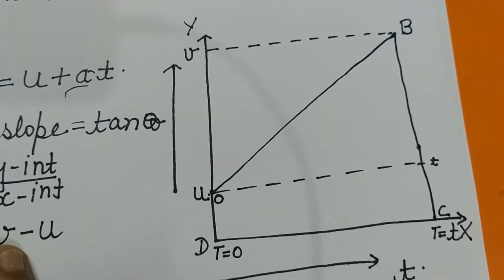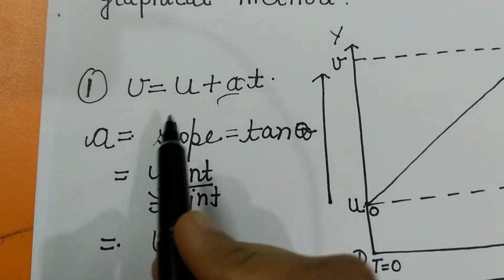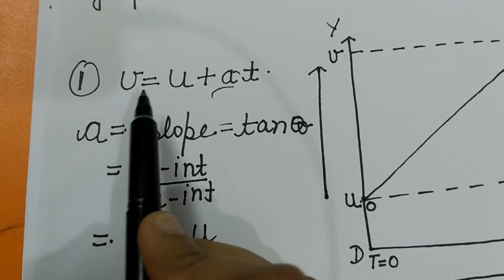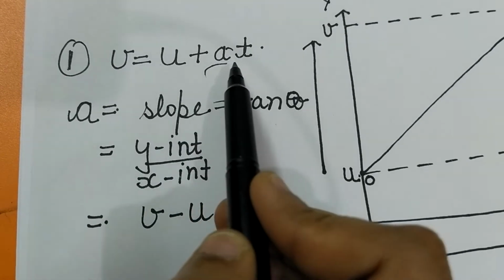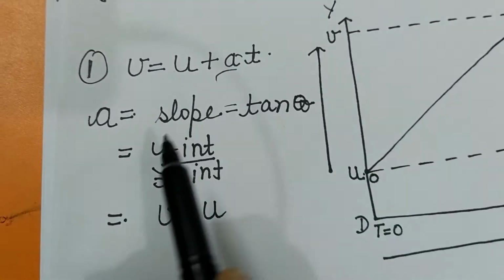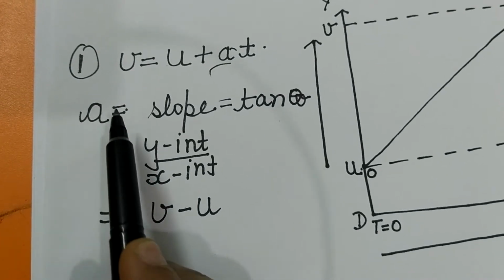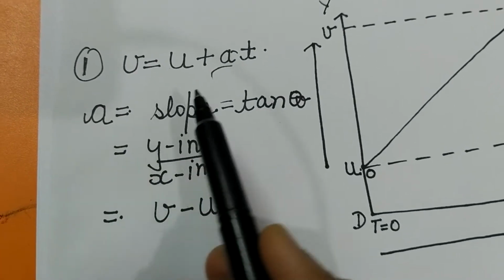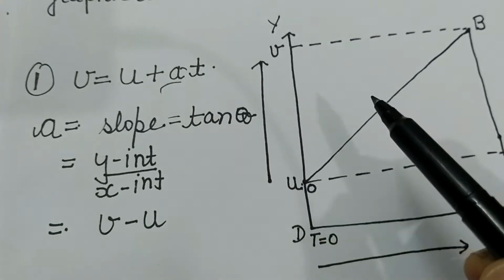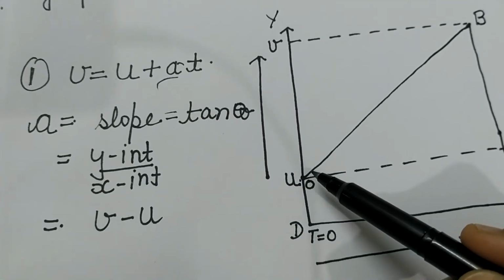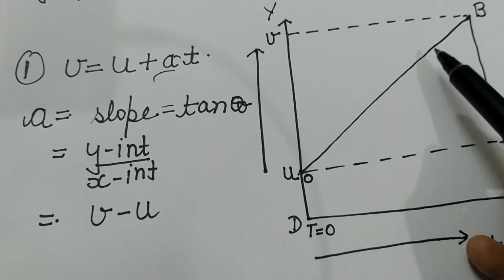Now let us come to the first equation of motion. The first equation of motion is v is equal to u plus at. Firstly, we will take the acceleration. As we know, the definition of acceleration is rate of change of velocity. Here we can say this slope represents the acceleration.